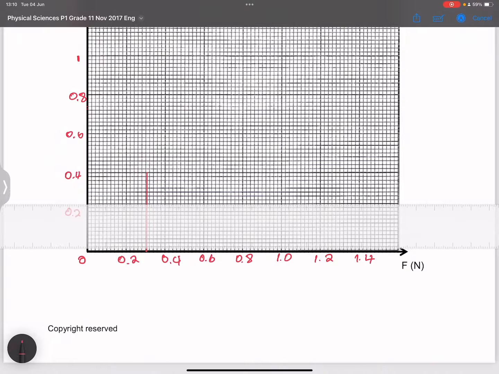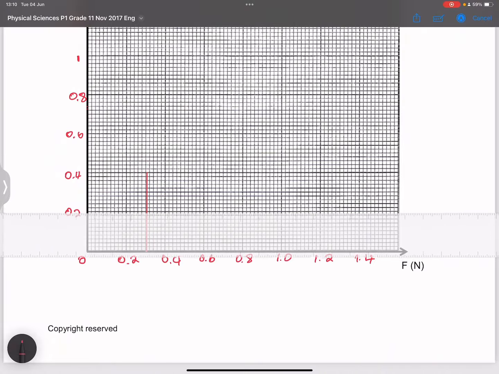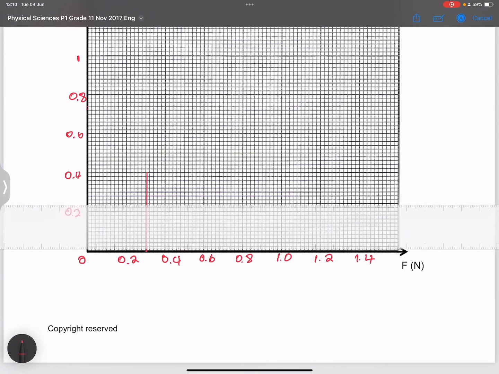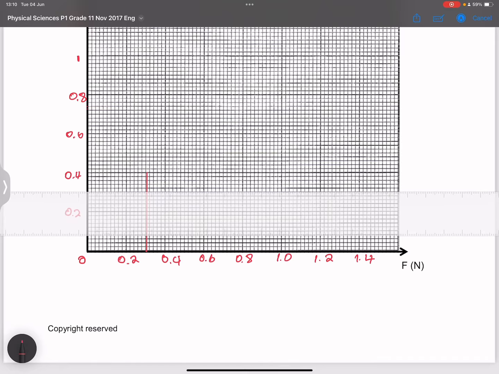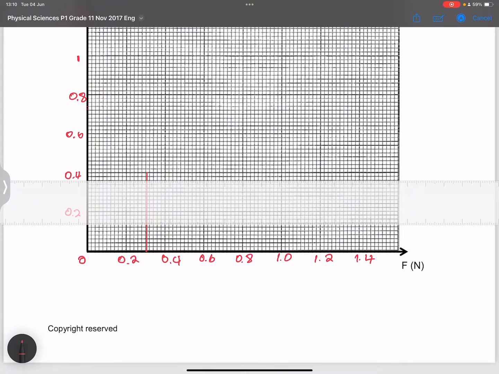Now note, which means my graph, that's 0.2, that's 2, 4, 6, 8, 10. This would be 0.3 over here, right? So 0.3, 0.32, 0.34, and 0.36.